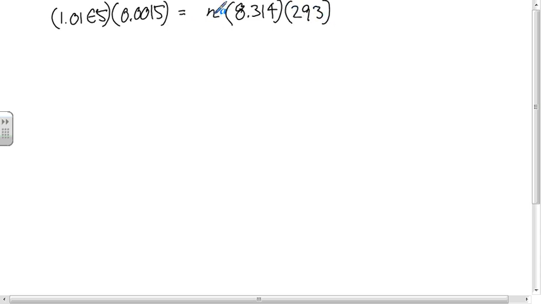And you can see this will let us calculate the number of moles. That gives you N equal to 0.0622 moles.